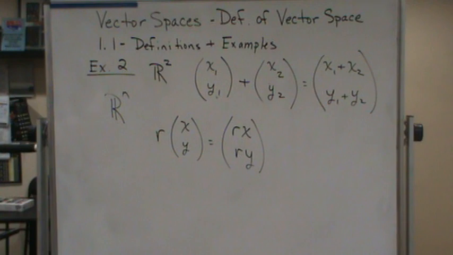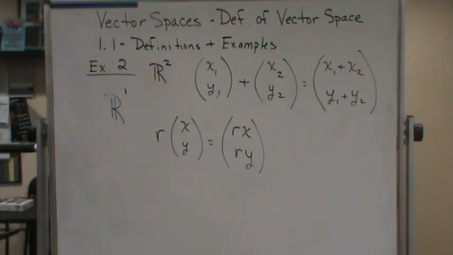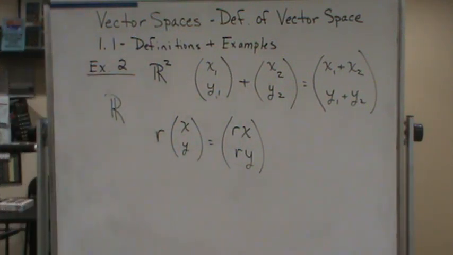So for each R to the n, we can show in a similar way that they're vector spaces under the usual operations of vector addition and scalar multiplication. Now in the case where we have R1, that's just the real numbers. For R1, we don't typically write them as column vectors. We just write them as numbers, but still, it's satisfied there.